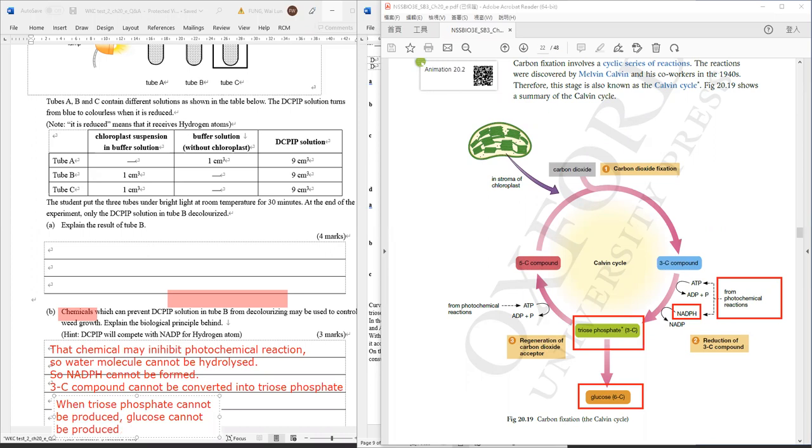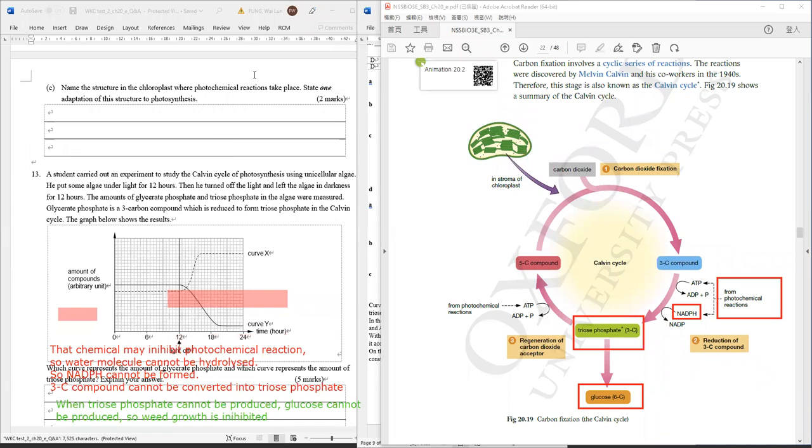Glucose cannot be produced for wheat, so wheat growth is inhibited. Okay, so this is a 3 marks question. You don't need to write as much as I do, but refer to the logic here.